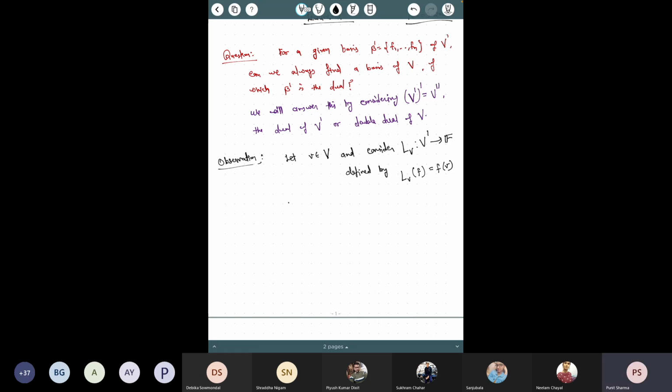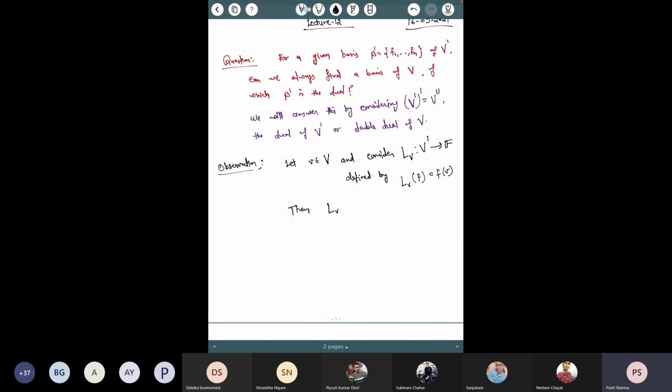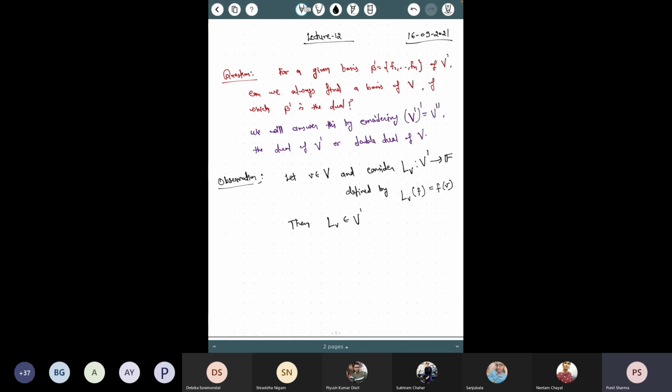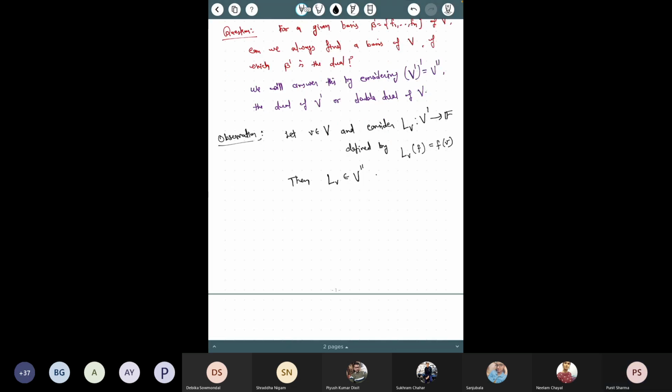Then you can verify that this is a well-defined function, and not only that, it is an element of V double dash. That means this is a linear functional on V dash. This you can easily verify. Just take f1 and f2. Why is this linear?